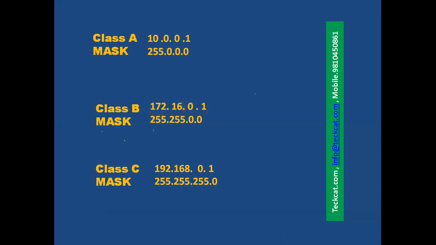Now in class C, the subnet mask 255.255.255.0 is telling you that there are 24 network bits and 8 host bits.